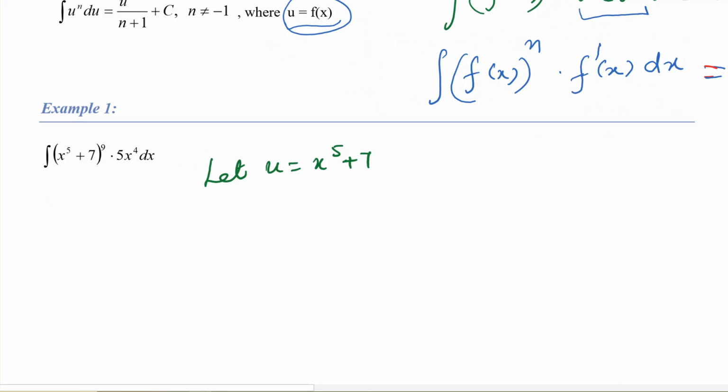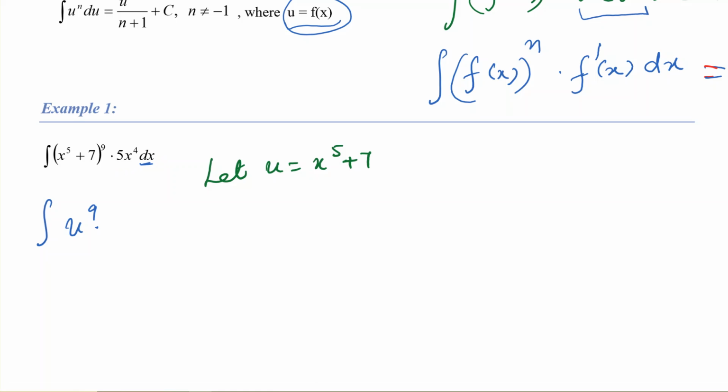So my integral is going to become the integral of u raised to power 9, but still I have this 5x raised to power 4 dx. When we do the substitution, we need to get rid of the original variable, and everything should convert into the new variable. So we still need the value of dx and 5x raised to power 4.